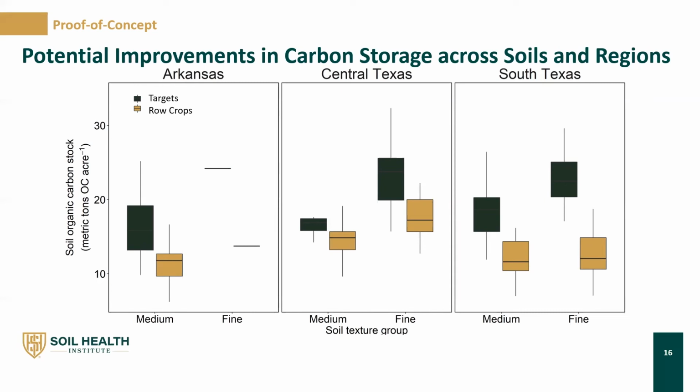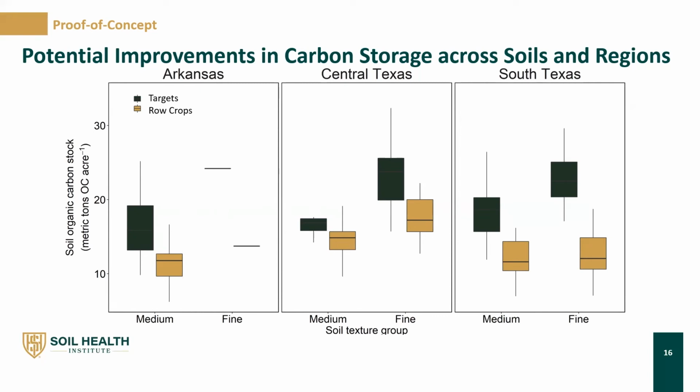So for each of the regions, we have medium and fine. And then we also have two colors of box plots representing green for the targets and for the row crops, the gold color. I'll note that in Arkansas, the fine soils had very few measurements, less than 4, and so we weren't able to compute a full box plot. We do have their median shown there in a line.